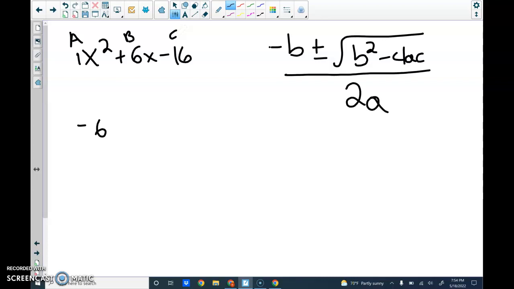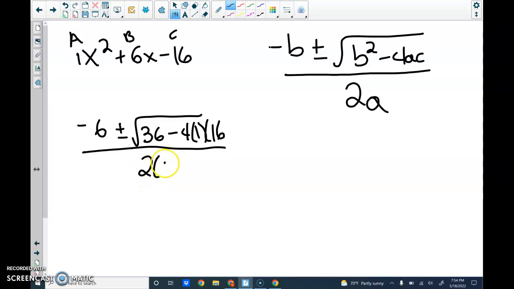So here I have negative 6 plus or minus the square root of b squared, so 6 squared, which is 36, and then minus 4ac. Well, we have 4, a is 1, and c is negative 16. And that's all over 2a, which would be 2. Again, a is 1.